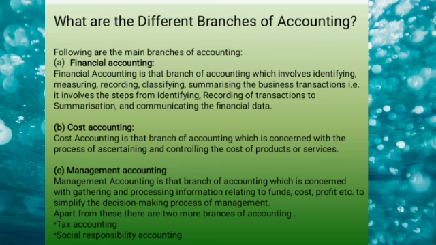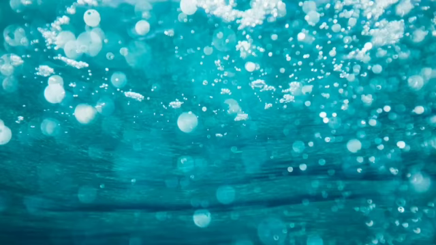Social responsibility accounting is the process of identifying, measuring and communicating the contribution of business to society, because business needs various things from society, infrastructure, and without those facilities and infrastructure business can't run. So businesses also have the responsibility to contribute towards society, and social responsibility accounting determines how the business is fulfilling its responsibility towards society.